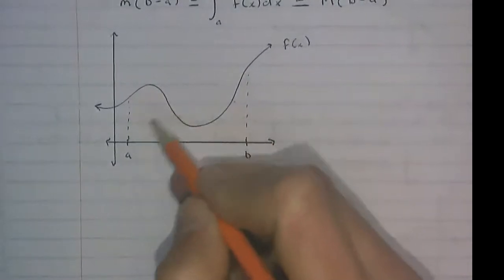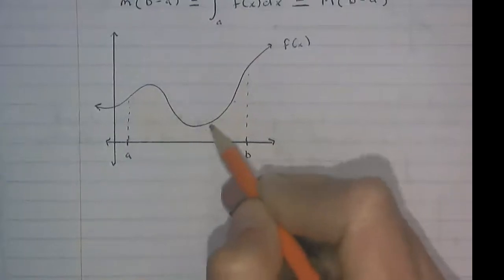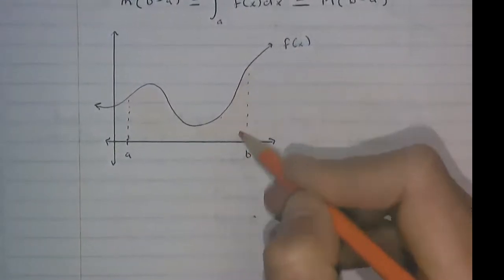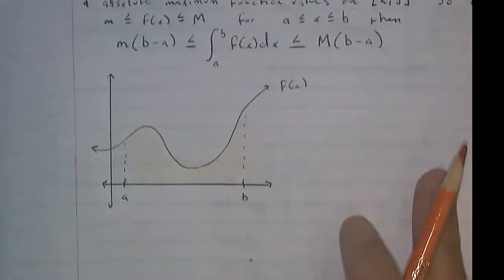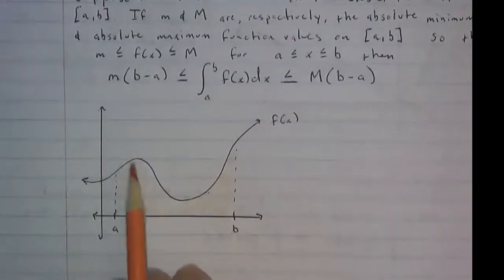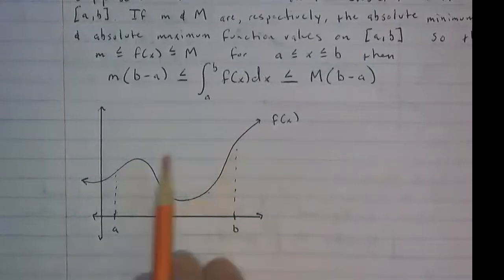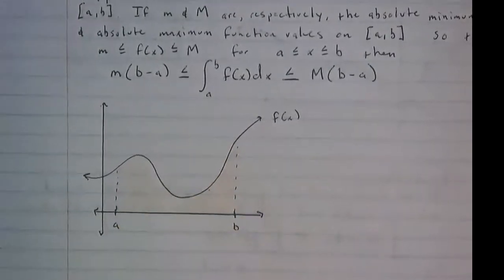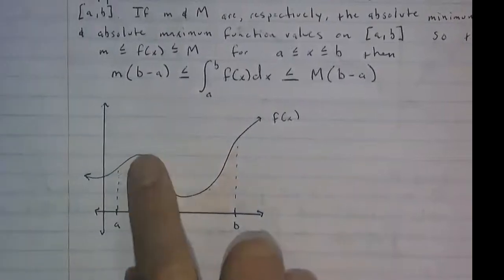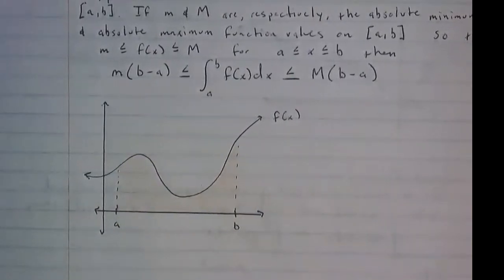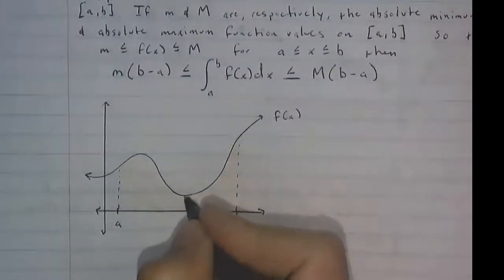So the orange part is the middle of our inequality from the theorem. So what are the left and the right saying? Well, somewhere on this interval, because this is a continuous function on a closed interval, there's an absolute minimum value, a value that all the rest of the points on this curve between these numbers is going to be greater than. So we can kind of eyeball that. It looks like it's maybe right about here.